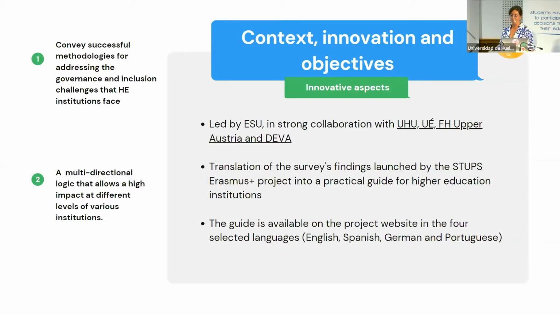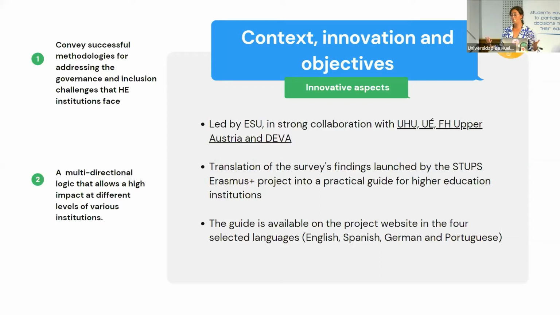As I was saying, this was part of the project, and ESU has been working on this together and in really close collaboration with the University of Huelva, the University of Évora, Upper Austria, and also DEVA. So the whole consortium has worked to get to know what's happening in those universities, not only the ones from the partners, but also universities external to the consortium.